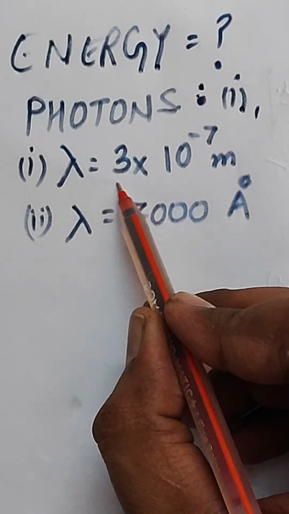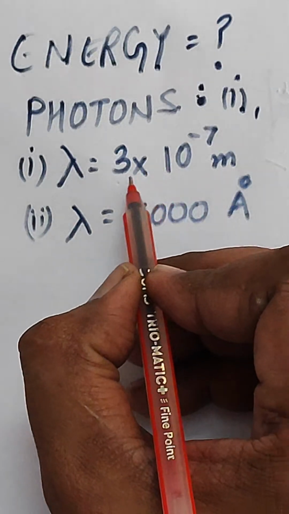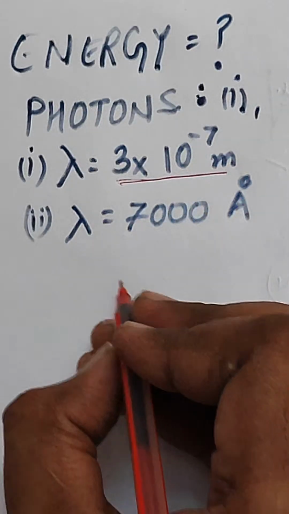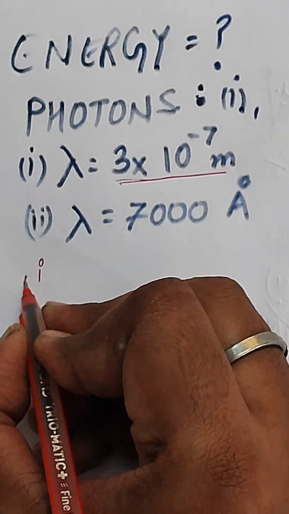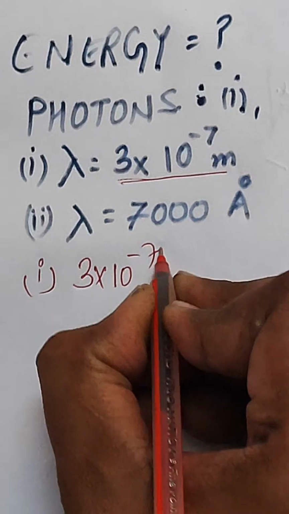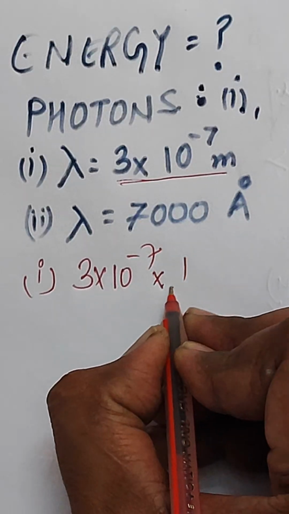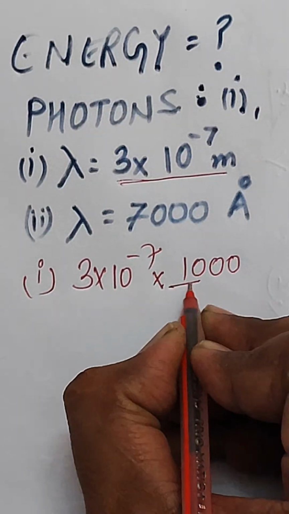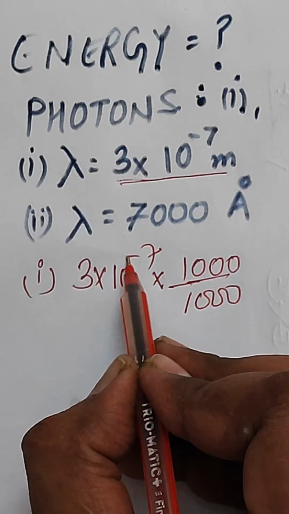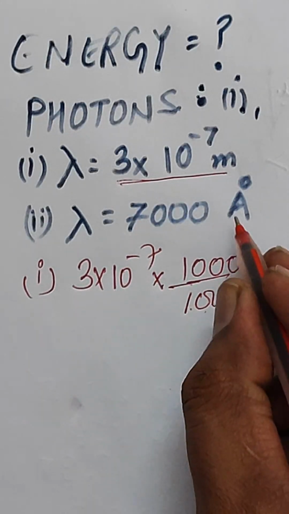3 × 10^-7 meter. To write this in angstrom, take the first case: 3 × 10^-7 can be written by multiplying with 1000 and dividing by 1000. Then 10^-7 and 10^-3 combine to give 10^-10, which is angstrom.